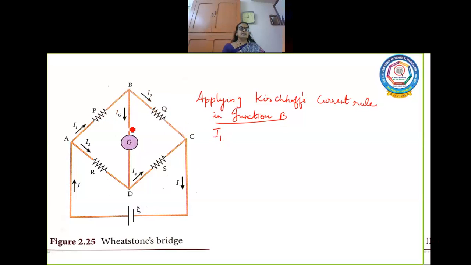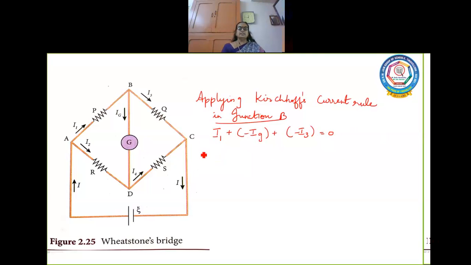The current leaving the junction is Ig and I3, so it is minus Ig and minus I3, which is equal to 0. I take this equation to the other side. Let me write it like this. We'll do it later on.